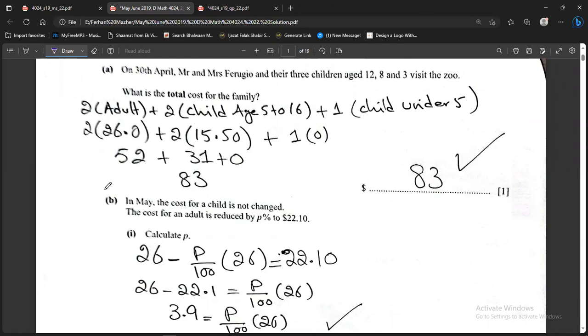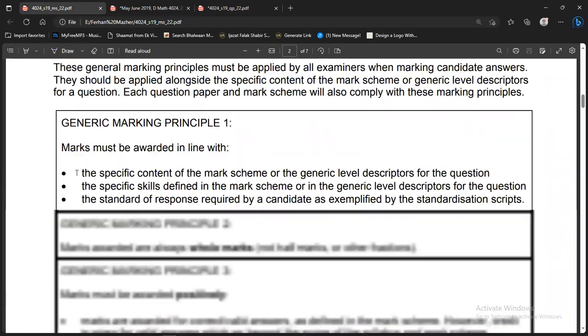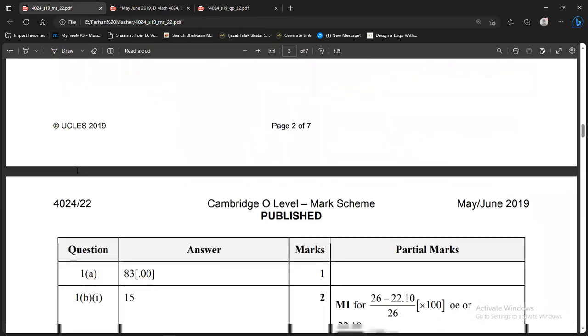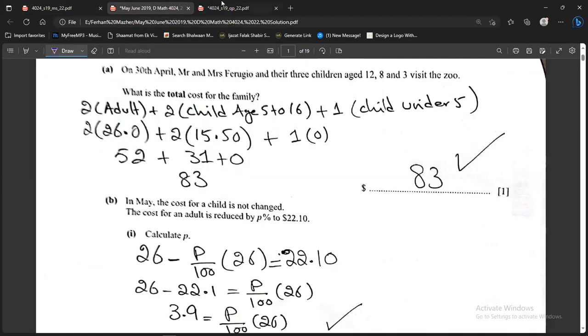Adult means $26 and child means $15.50, and the child under 5 is free, so its cost is 0. So 2 into 26 plus 2 into 15.50 plus 1 into 0, that will be 52 plus 31 plus 0, and that will be $83. Let's check the marking scheme. $83 is the right answer, sir.